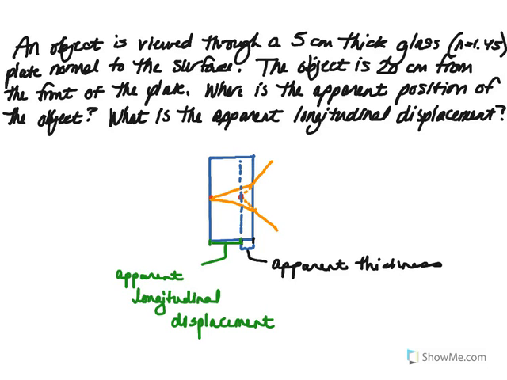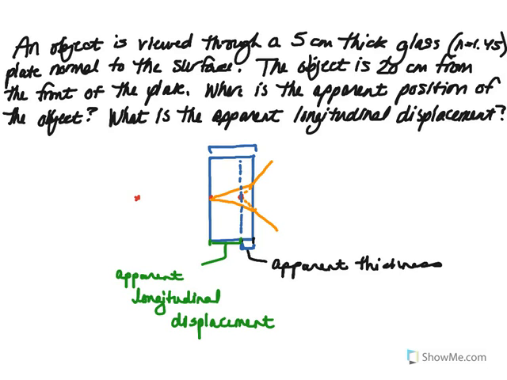And so you could see that that's the actual thickness of the plate minus the apparent thickness of the plate would give you the apparent longitudinal displacement. So if the back surface of the plate is displaced a certain number of centimeters forward or closer, any object located behind the plate anywhere will also be shifted forward by that same amount.